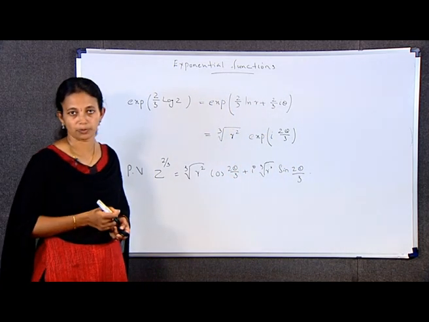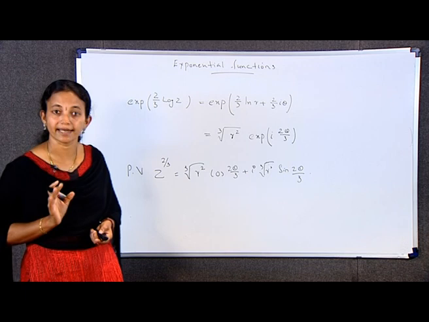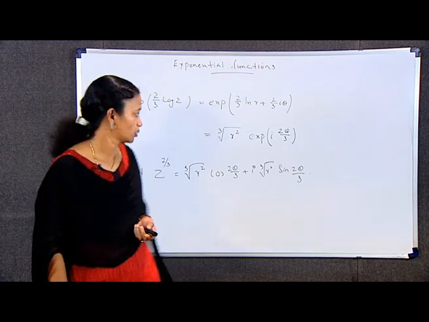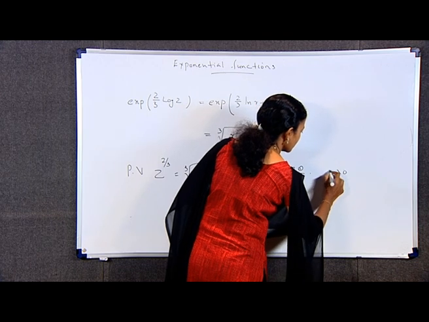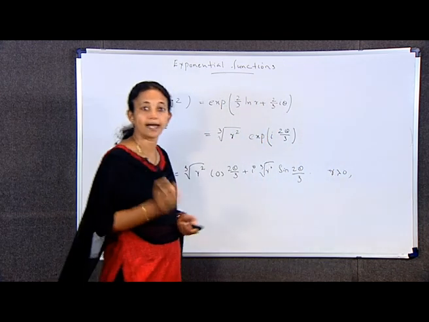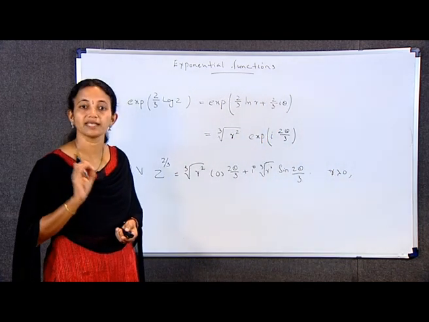This is the principal value. This function is analytic in the domain where r is greater than 0. Here of course r is always greater than 0 and theta lies between minus pi and pi.